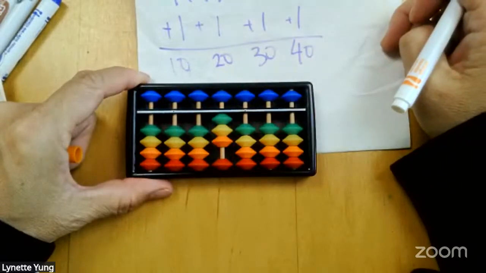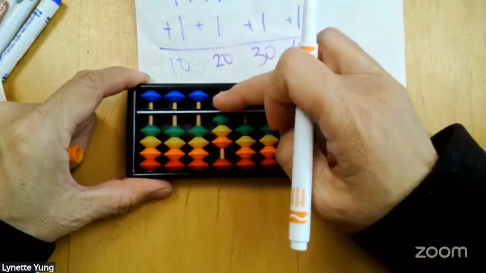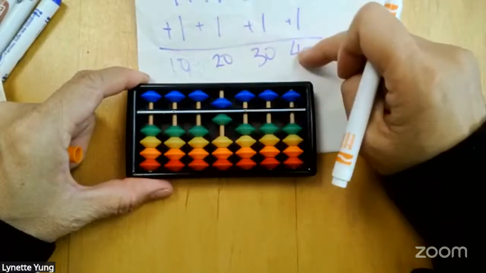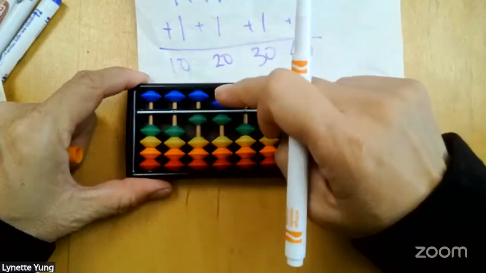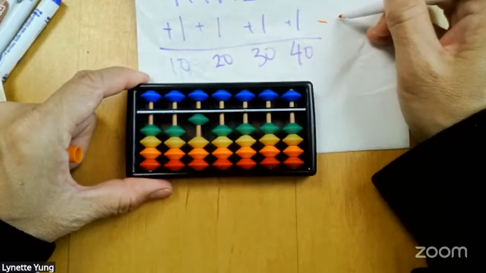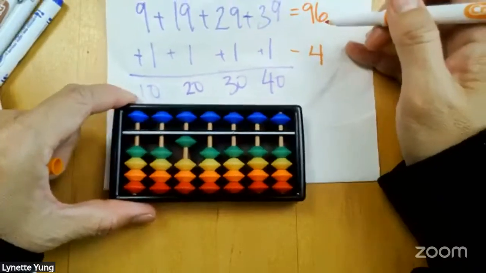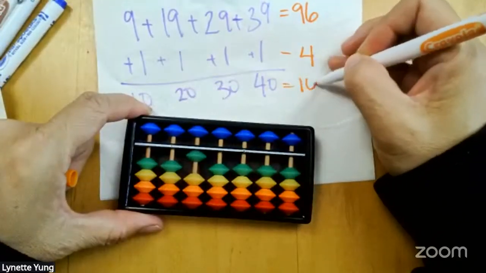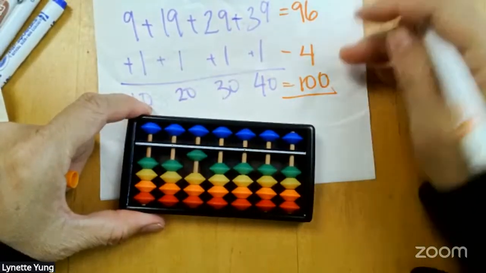20, 30 plus the 10 minus the 2, and then 40 plus the 10 minus the 6. And then here they have to minus 4, because if this is 100, you need to minus 4.